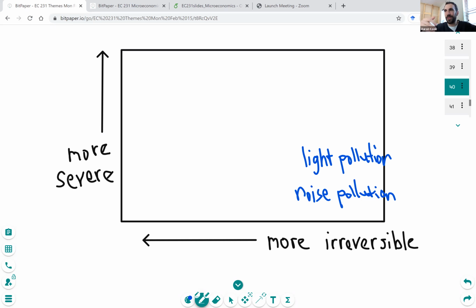There's no persistence. Same thing with the light. Once you turn off the light, there's no more persistence of that light in the air or in the environment. And I guess it's debatable how severe that is, but I kind of imagine that as being near the bottom in terms of types of pollution that are severe. So those kinds of pollution you can think of being in the lower right-hand corner of this space.